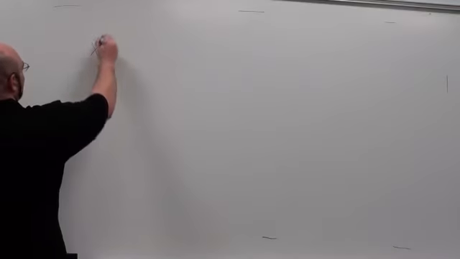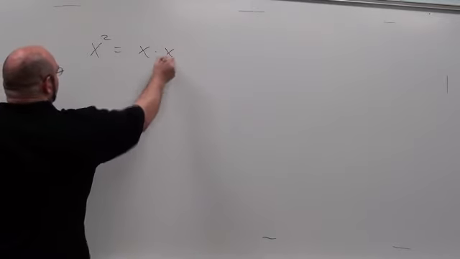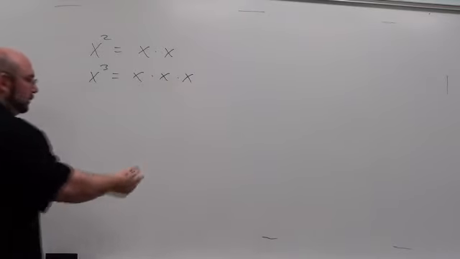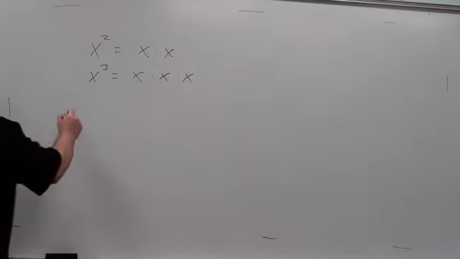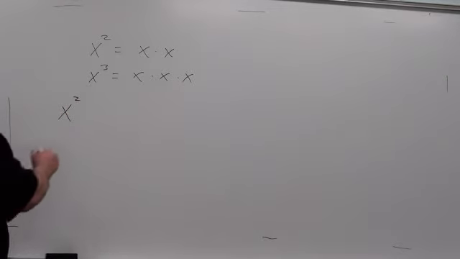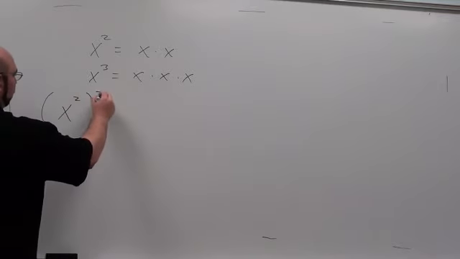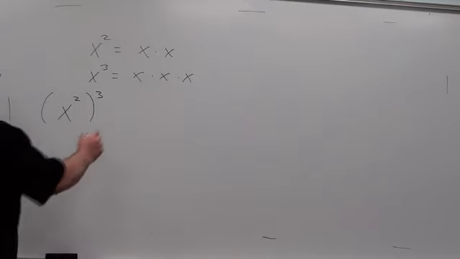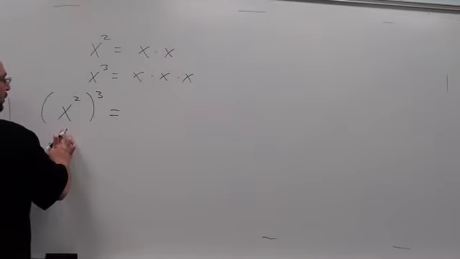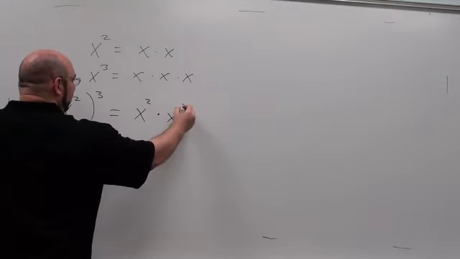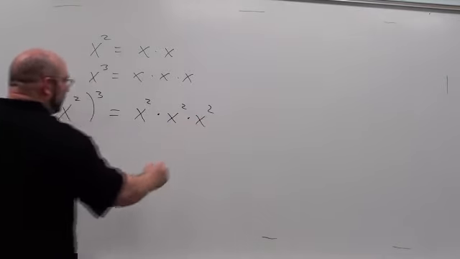Now, our next rule that we're going to talk about. Well, if we know x squared is x times x, and x cubed is x times x times x, then if we have x squared, cubed, from our exponent rule we know that all we're doing is x squared 3 times: x squared times x squared times x squared.